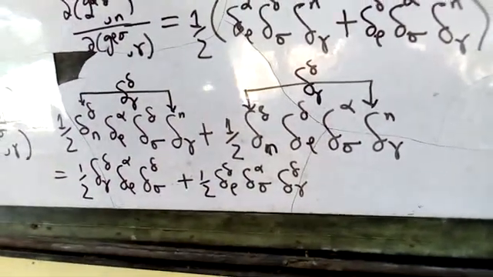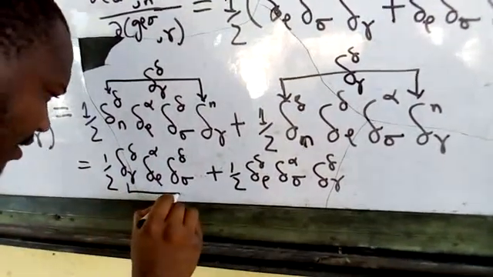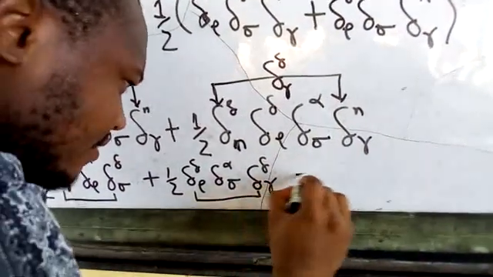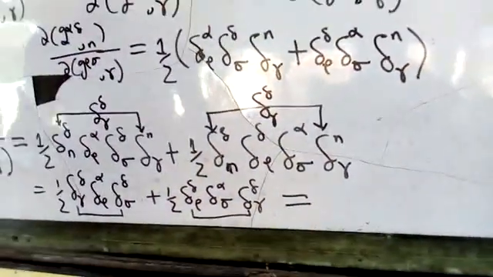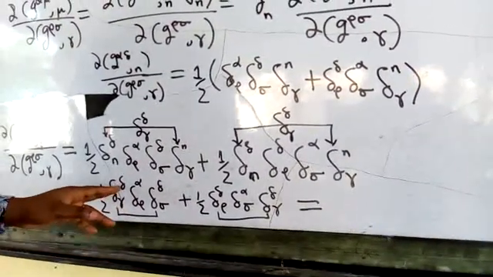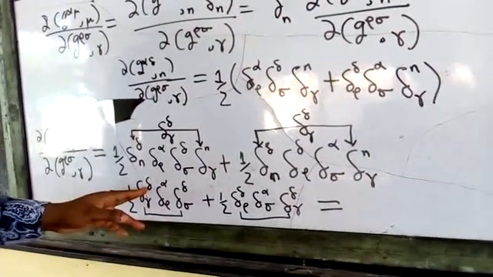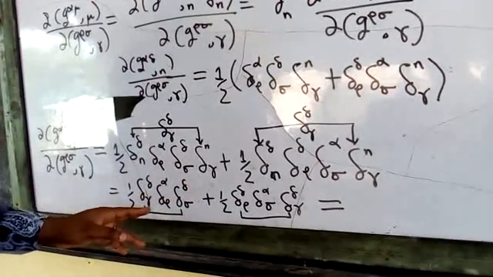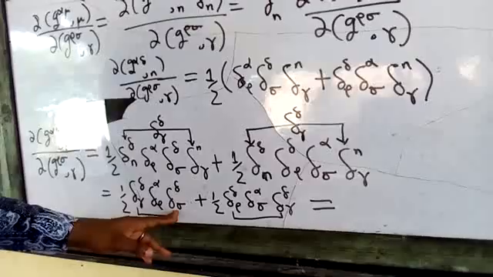Now looking at this again, I could make such a transformation as that. And yes, of course, I think I have a reason for that. Now you can see this whole term will be non-zero if gamma is equal to delta. Again, it will be non-zero if sigma is equal to delta. So the whole term is non-zero if gamma is equal to sigma.